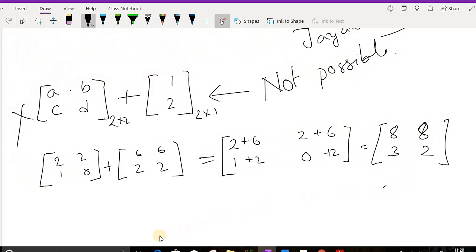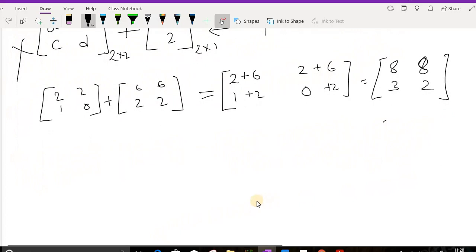Okay, so this is the addition of matrices. Any problem here? I don't think there is any chance of a problem. Addition of matrices is that easy.